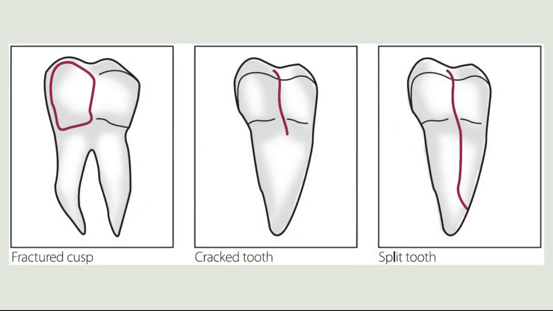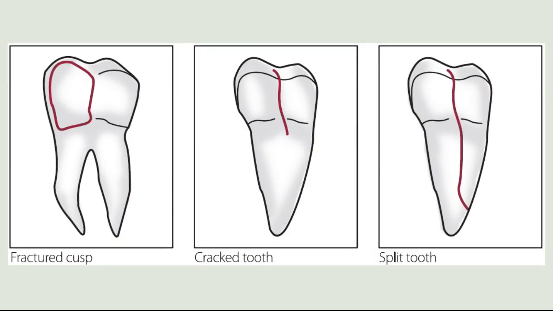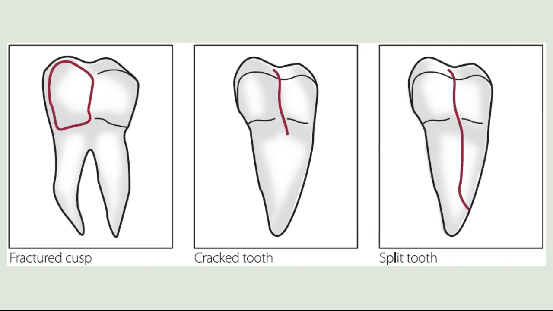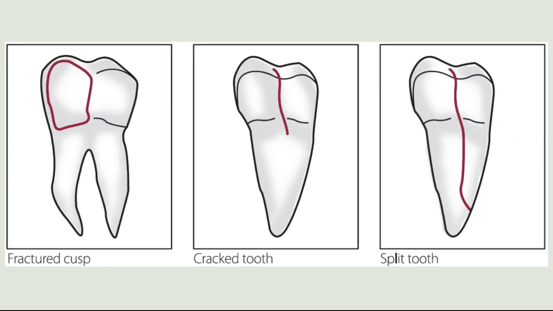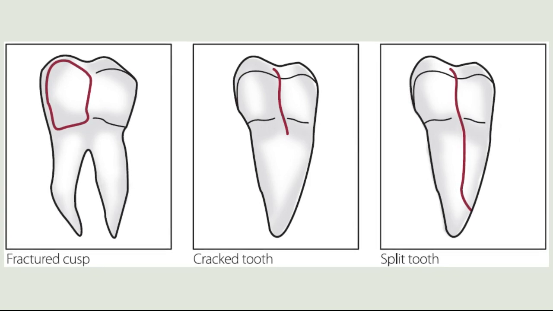So these are the differences between the three types of fractures that we spoke about. We have fractured cusp, which is very simple, and the treatment is just to cover up the fractured area with a composite, or you can do a crown for the patient as well. Another thing, we have cracked tooth.